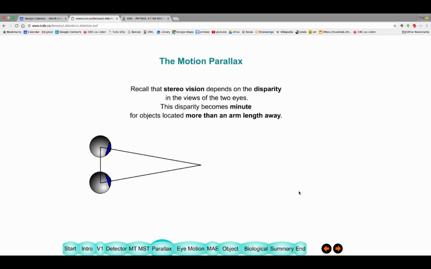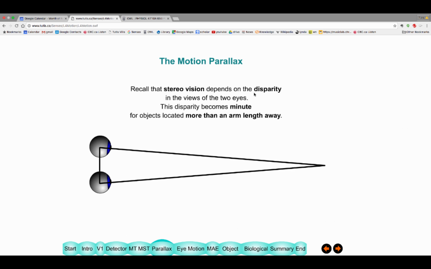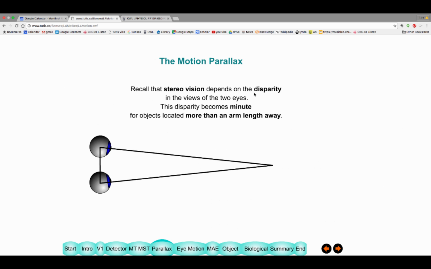Well, we looked at before your ability to see in 3D, and that was the stereo vision, which worked on the disparity, the difference between what one eye sees and the other eye sees. And then there are cells in area V1 that compare the two and light up per particular disparity.